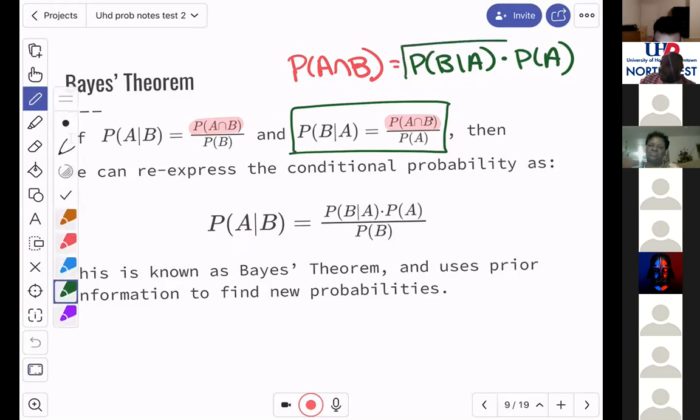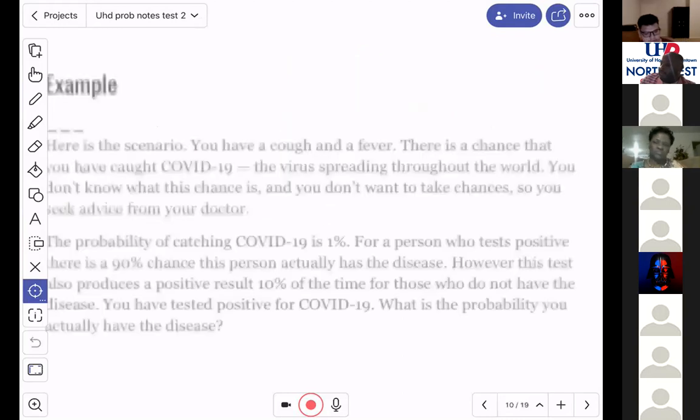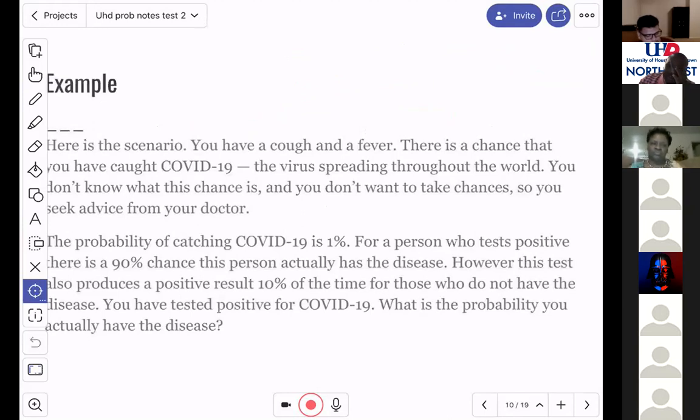Literally what I've done is I've taken this formula right here and put it right here, and that's how I came up with that formula there. And because you have this term right here, this means I know some kind of information already. Because I know that, I can do a whole lot of things with it. And one of the greatest things that we do with it involves an example like this. Here's the scenario.